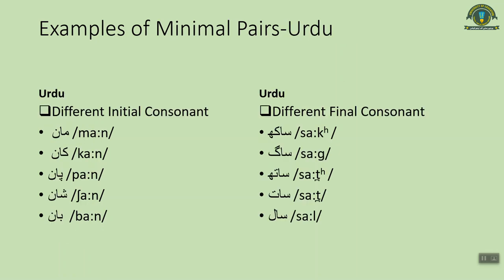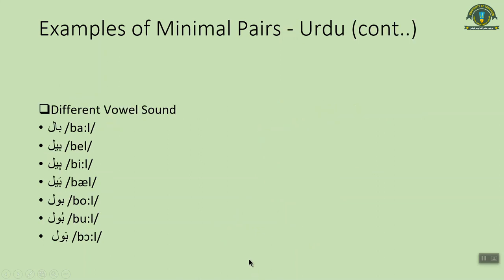Now there are some examples of minimal pairs from Urdu as well. Again, you can see that here the first phoneme is different: man, khan, pan, shan, ban, and here the last phoneme is different. Different initial consonant, different final consonant. Now, a different vowel sound: the middle phoneme is different.